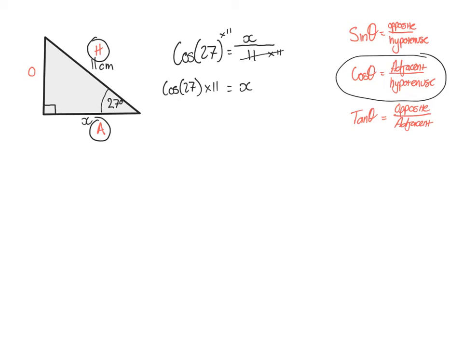So at this point we can get our calculator out and type this in to see what that gets to, and let's have a look to 2 decimal places. So my calculator is saying 9.8010, so we want this to 2 decimal places, so the next number is a 1, so we can just get rid of those last two numbers. So 9.80 centimeters is the side length x.